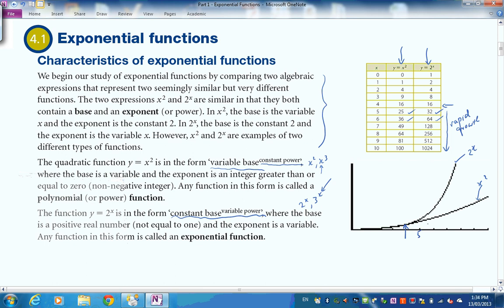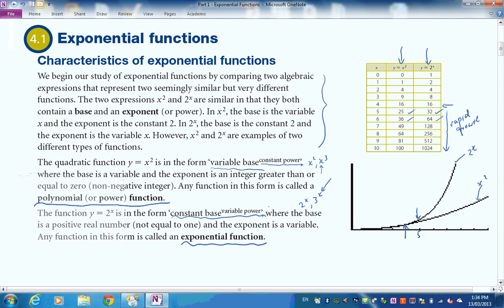And then by the time x is 5, the 2 to the x has started to grow more rapidly than x squared. So, one is a power function, or sometimes called a polynomial function, many powers of the variable, and the other one is an exponential function because the variable is up in the exponent.